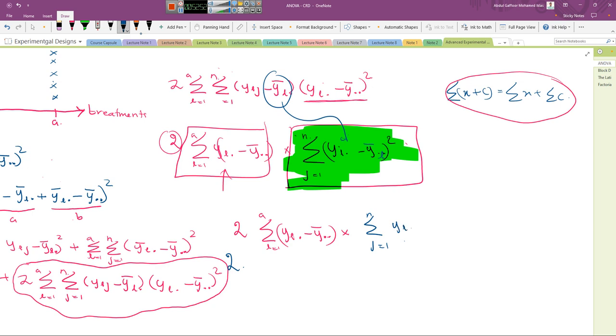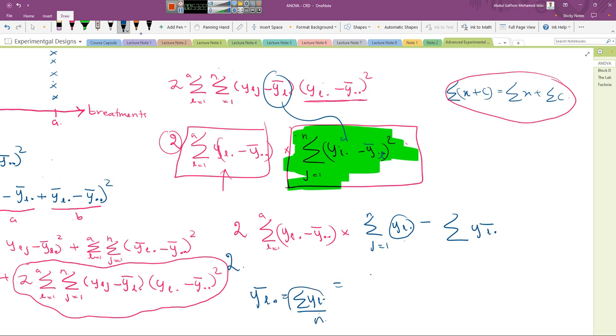So summation yij minus summation yi dot bar. Now yi dot means the treatment total is added, right? So here this will give me, now you know yi dot bar is equal to yi dot divided by n, right?